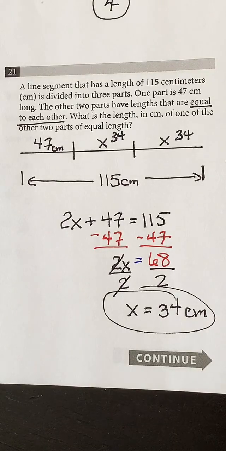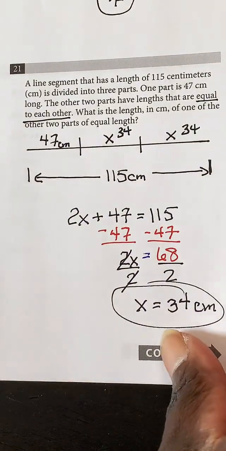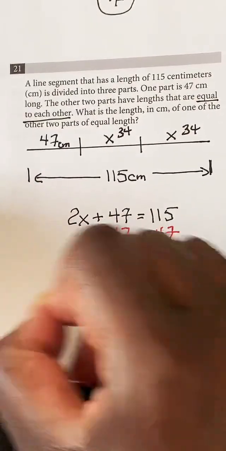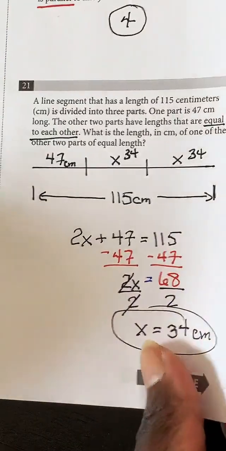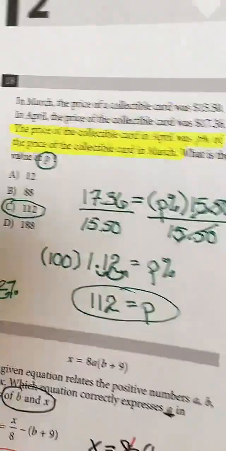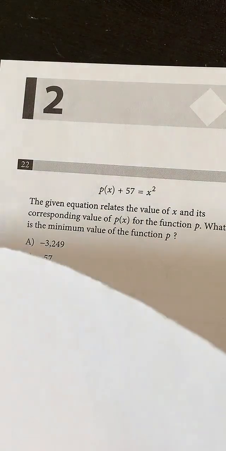Then they say, oh my God, I'm running out of time, and next thing you know they're just going C, C, C, C, C, B, C, D, just changing things up. If you're going to get it, try to understand it from the very beginning.